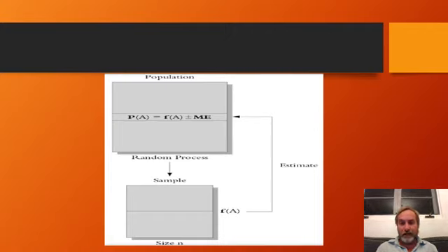Here's just a diagram of how we work backwards. We've got our sample, the size of the sample is n, we find some relative frequency, and then we estimate backwards to the population. We say, given this relative frequency, we think that the probability of A in the population is the relative frequency we found in our sample plus or minus the margin.